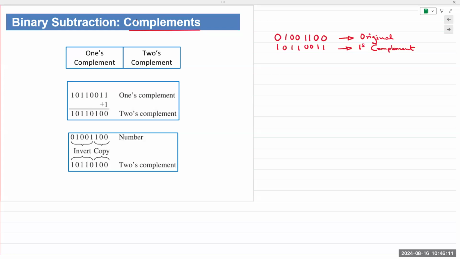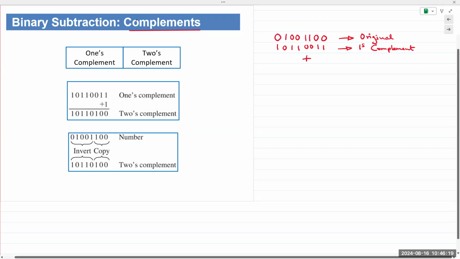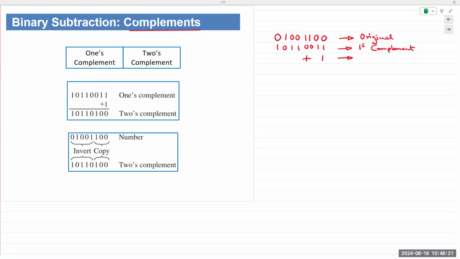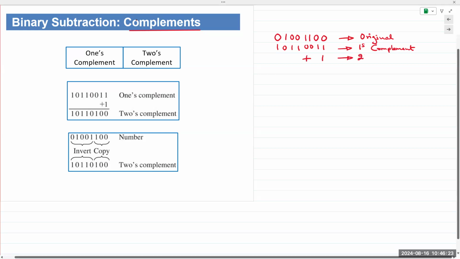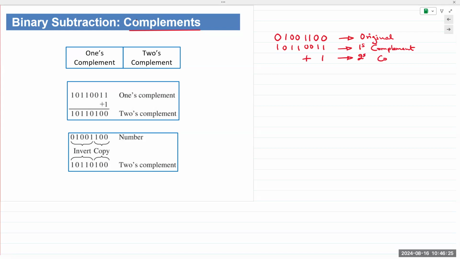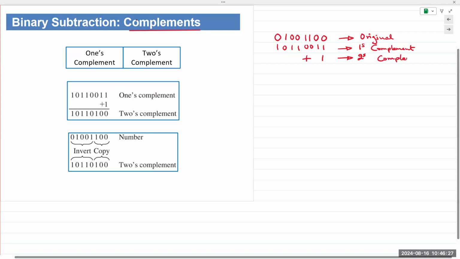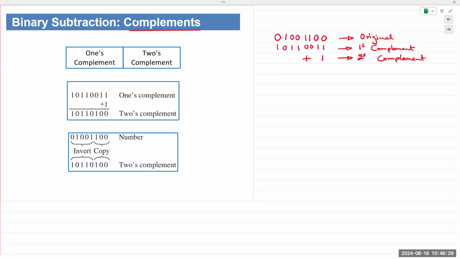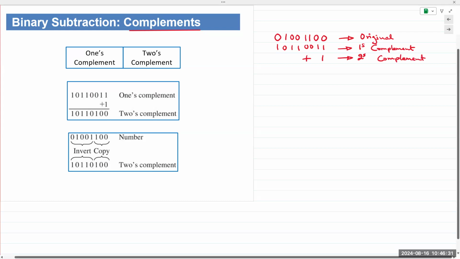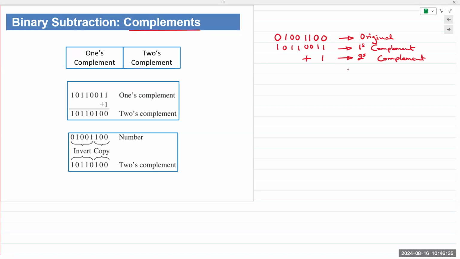Then there's something known as 2's complement. 2's complement is simply taking the one's complement and adding 1 to the least significant bit.